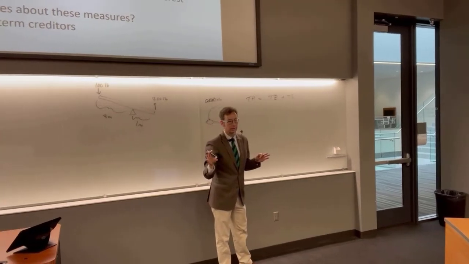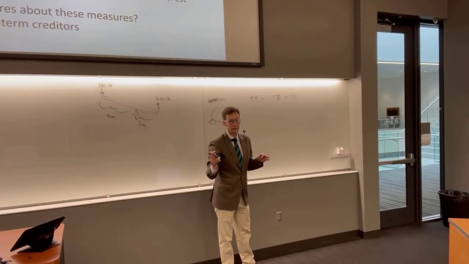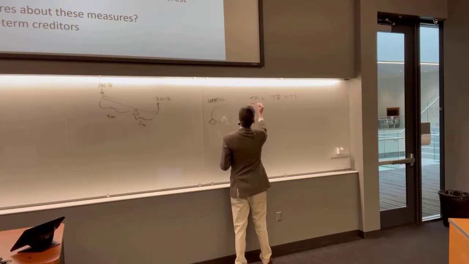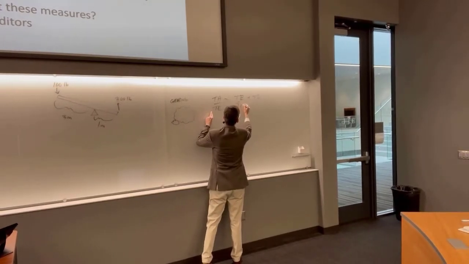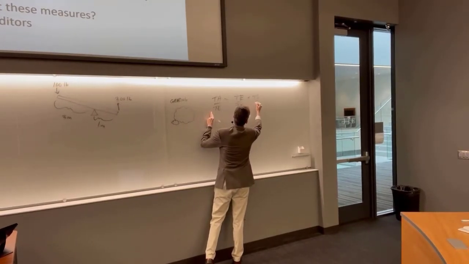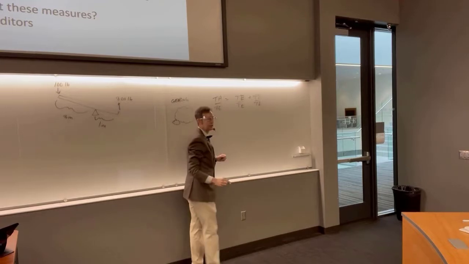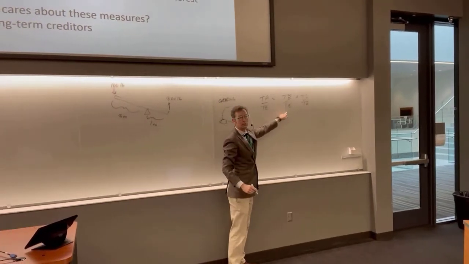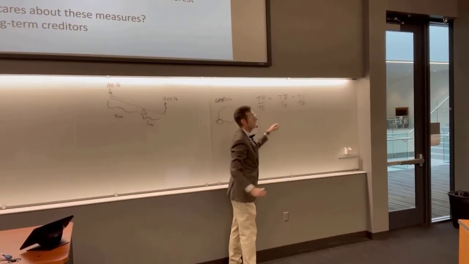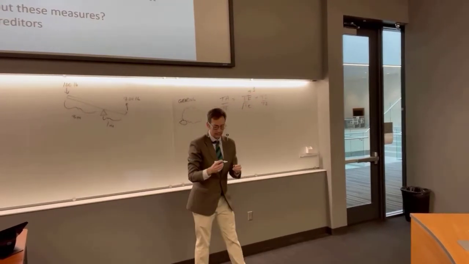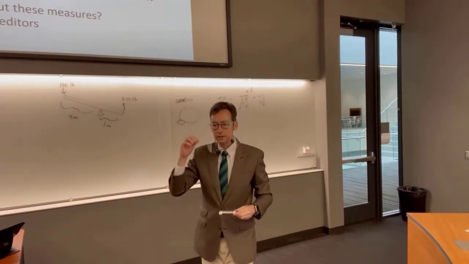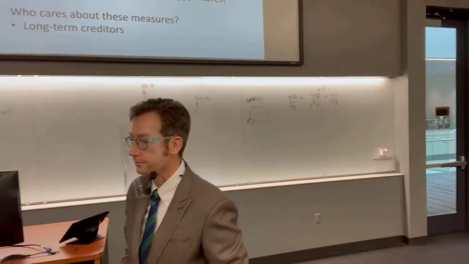Can we agree on that? Any errors so far? Okay, so if I divide everything here by TE, I get the equity multiplier over here. And what happens to this? It just becomes 1, right? And so that's why the equity multiplier is just 1 plus the debt to equity ratio.